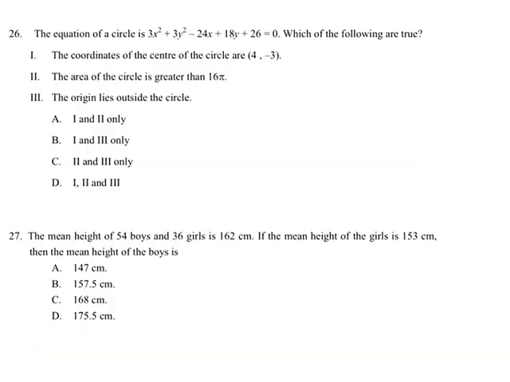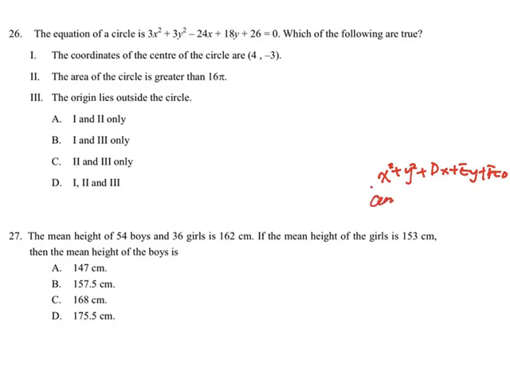Question 26 is about the equation of a circle. Let's do some revision. For a circle, the equation should be x squared plus y squared plus dx plus ey plus f equal to 0. So you see the coefficient of x squared and y squared is 1.